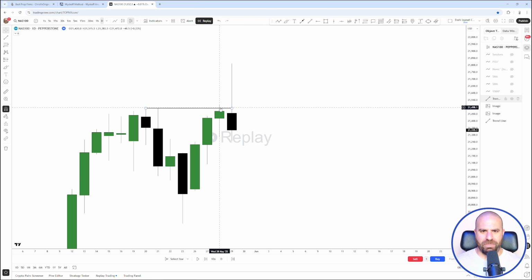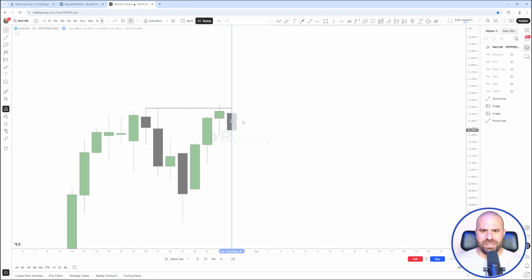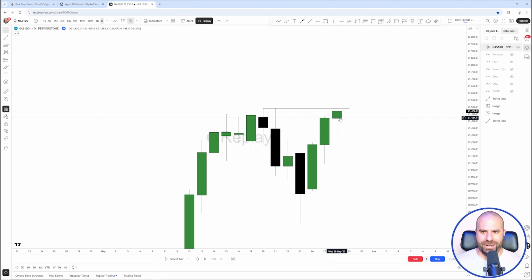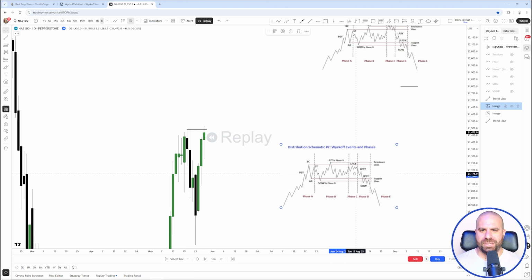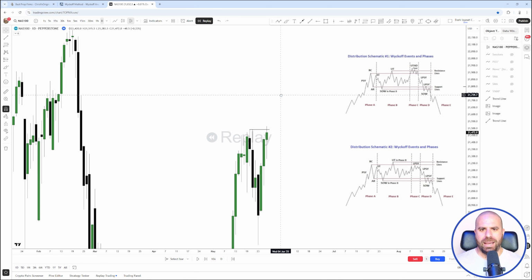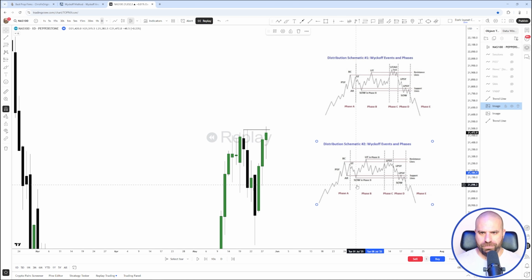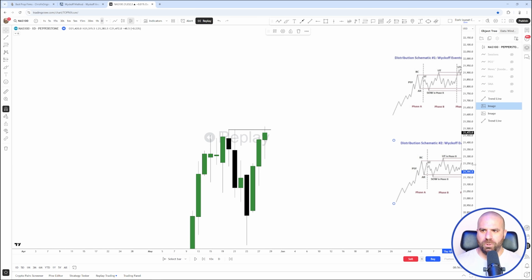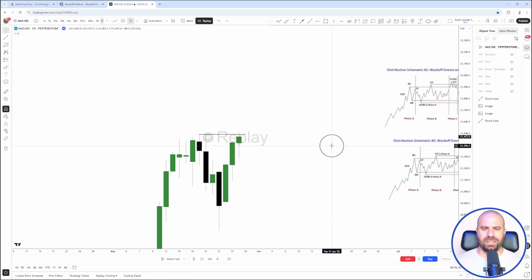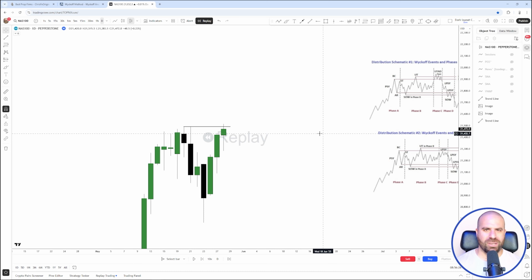Now you will tell me, Chris, how do I know not to enter when this liquidity was grabbed exactly right here? This is where WYCKOFF comes into play. Regarding WYCKOFF, you can go ahead and read everything about it, but I'm going to simplify it for you, and I'm going to give you a secret.